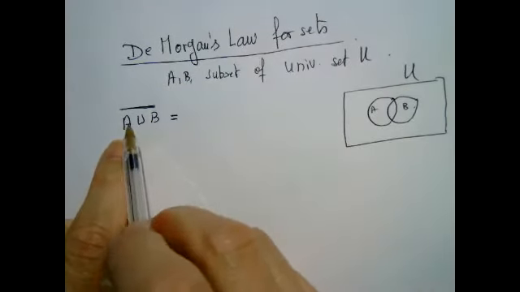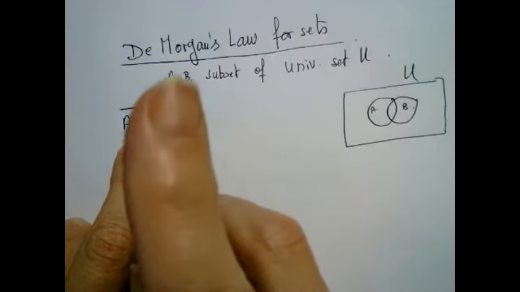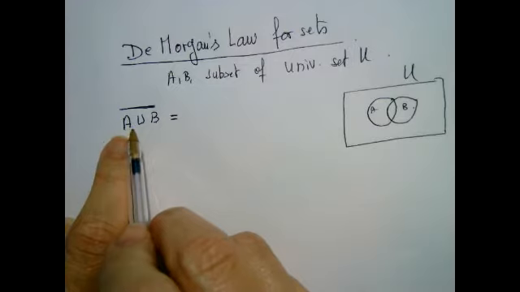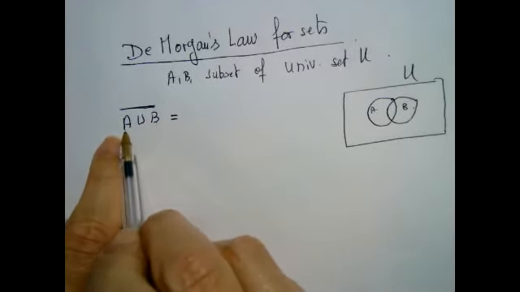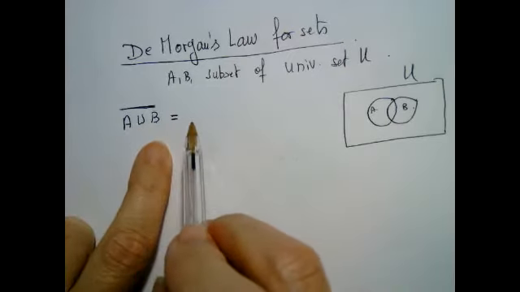If an element is not in A union B, like Chi, who was not in 330 union CS206 because he was not in 330 and he was not in CS206.